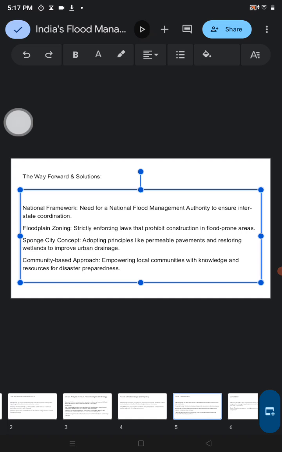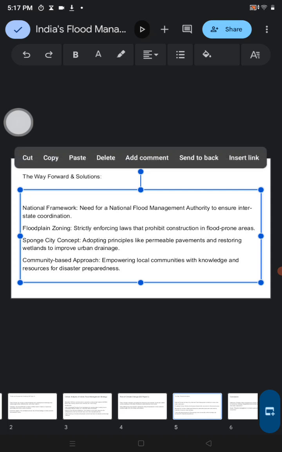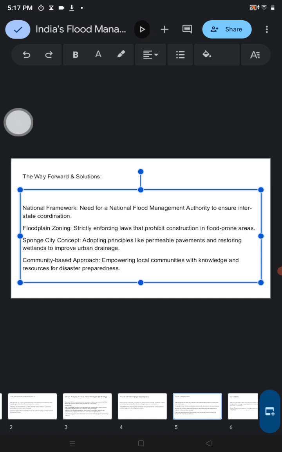Next is the sponge city concept. As we saw in environment, a sponge is something that absorbs. So we adopt principles like permeable pavement, a pavement where water can enter the groundwater level so that it does not cause floods, and restoring wetlands to improve urban drainage.